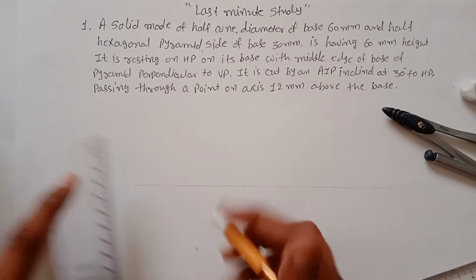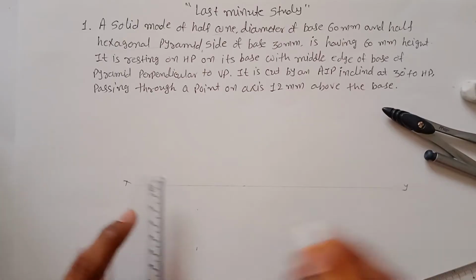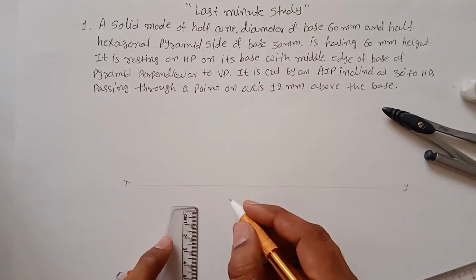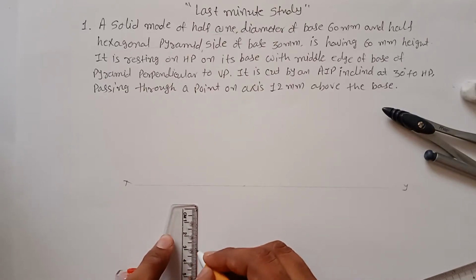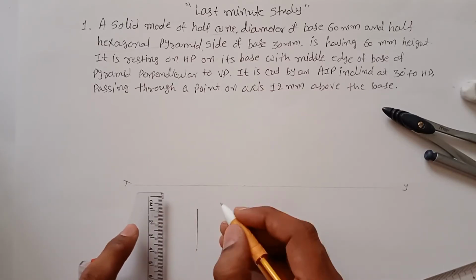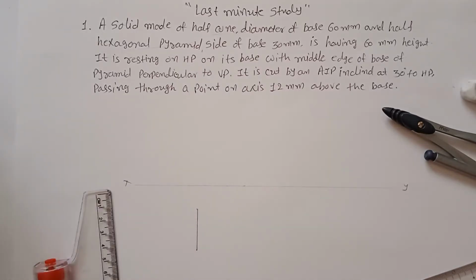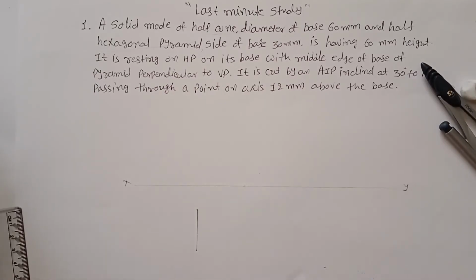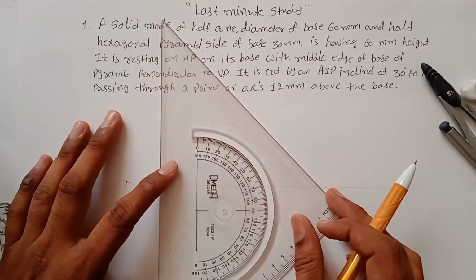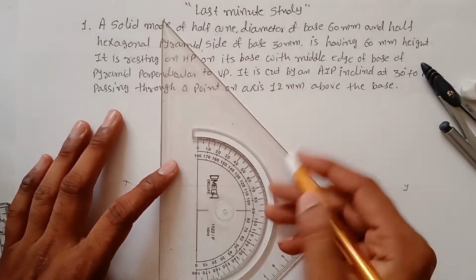So from the XY line, draw a 30 mm line, which is one side of your hexagon. To draw the hexagon, we have to take an angle of 60 degrees from both of the corners.